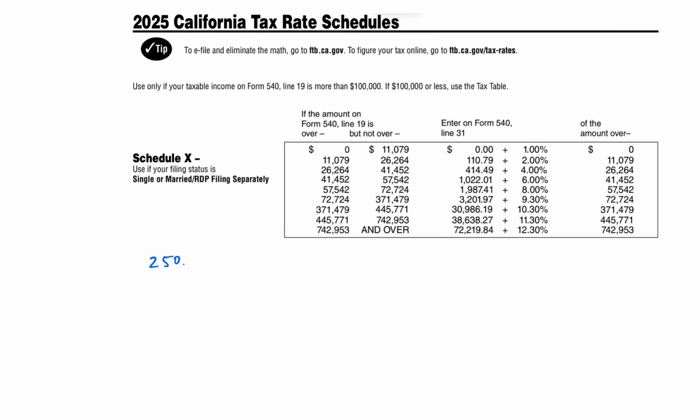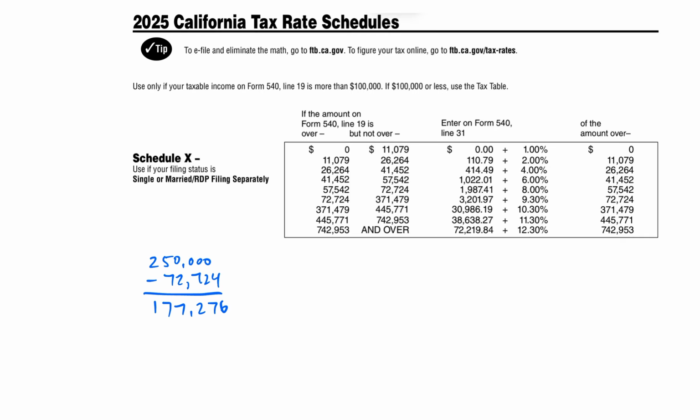Okay, so let's go ahead and calculate that. We're going to take 250,000 and we're going to subtract 72,724. And that works out to $177,276. So that is the amount over the threshold of 72,724, and now we're told that it is taxed at 9.3%.